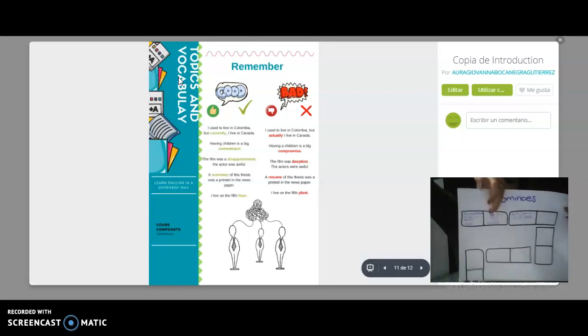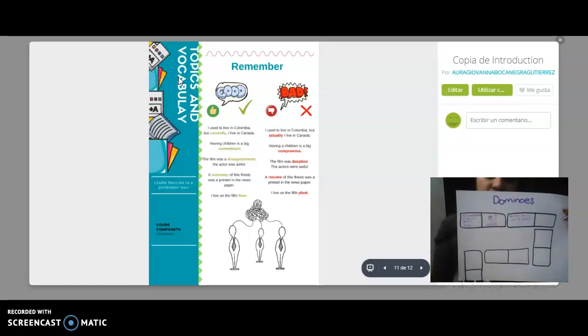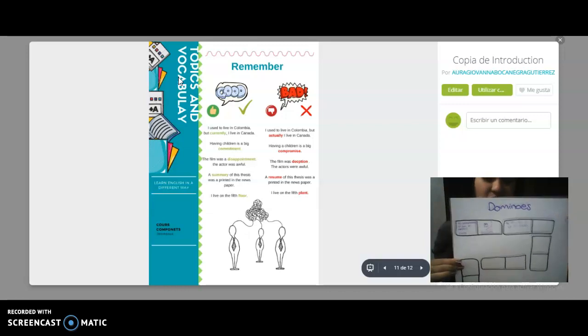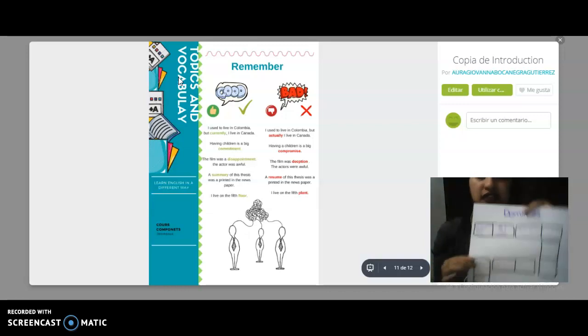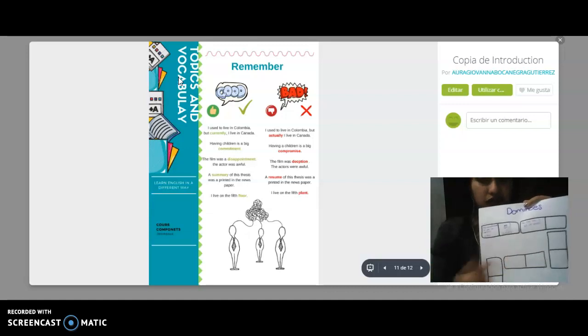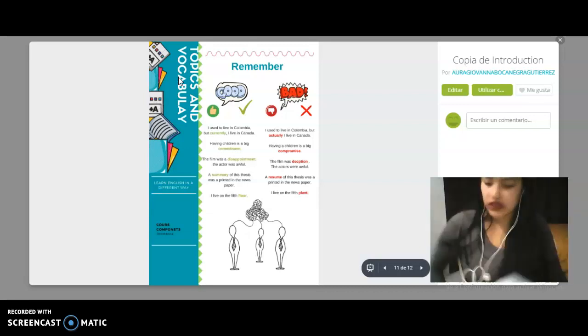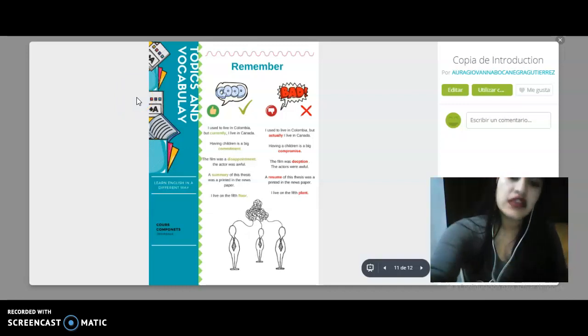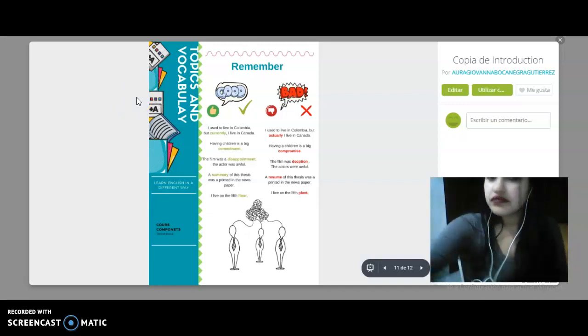We have here an image, for example, and the word in English, and they have to connect it to the real meaning in English. That's a similar game of dominoes. The idea is that the players complete the game. That's the second activity that they can use, and the other is the third activity.